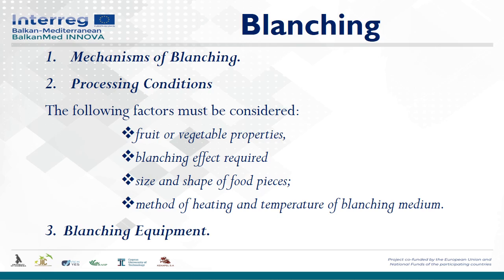Time and temperature combinations vary widely for different foods and different processes, so they must be determined for each treatment case. Although the standard time is approximately 1 to 15 minutes and at 70 to 100 degrees.